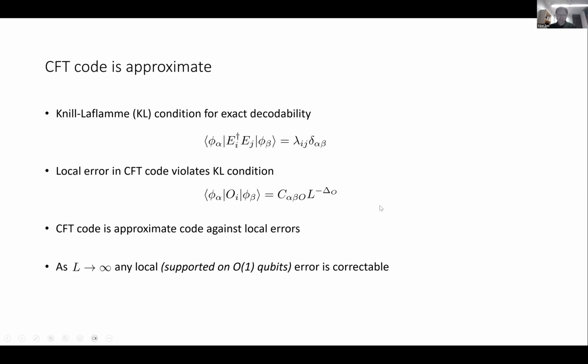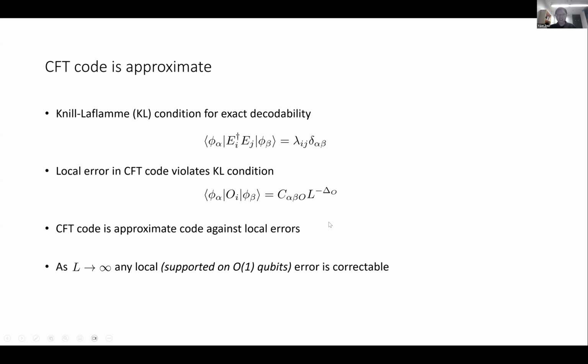And again, you see that the scaling dimension is very important here. If L is finite, then this number is always non-zero, given that C is not equal to 0. This number is non-zero, and that already violates the Knill-Laflamme condition for exact decodability, and that means that the CFT code can only be an approximate code.